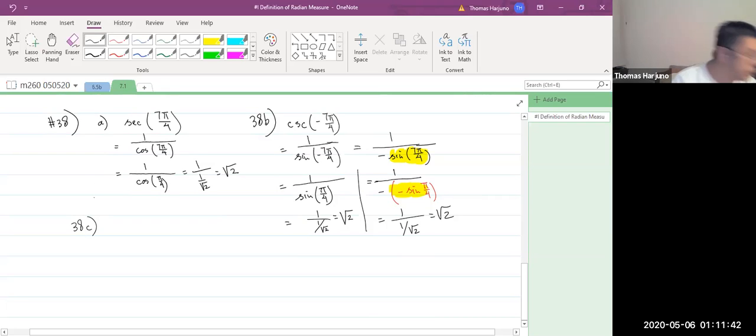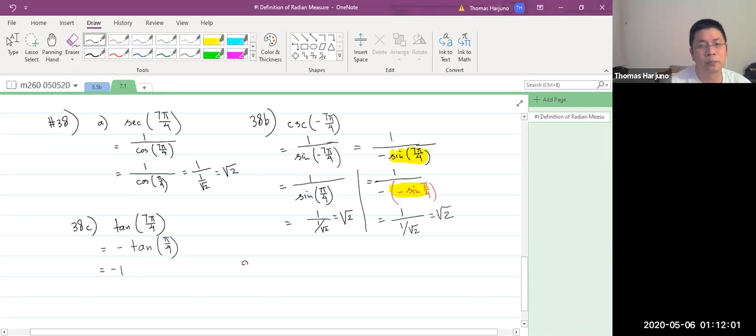Number 38C, tangent of 7 pi over 4. In quadrant 4, tangent is negative. Reference angle is pi over 4. So this is -1. Part D, cotangent.